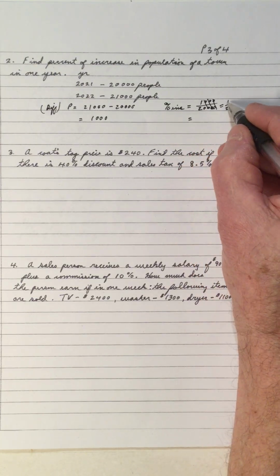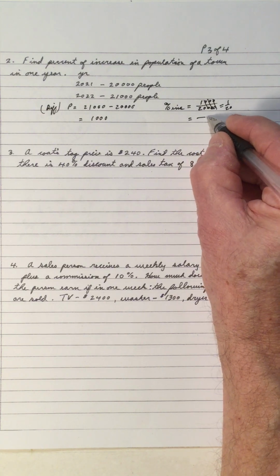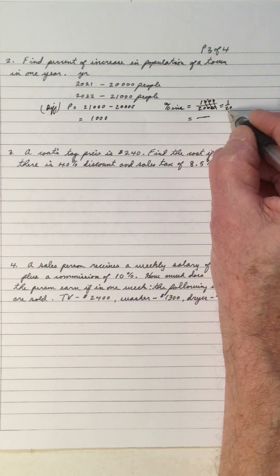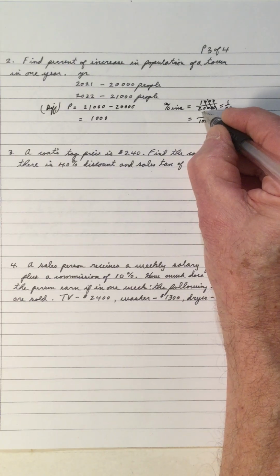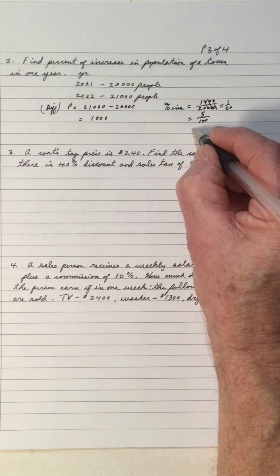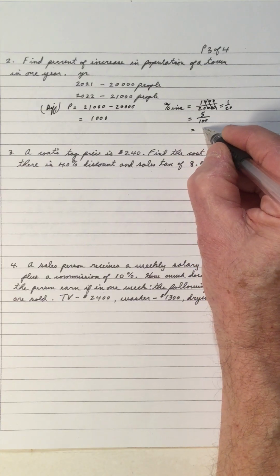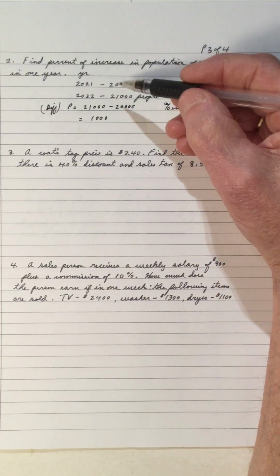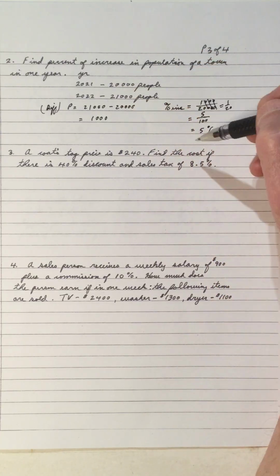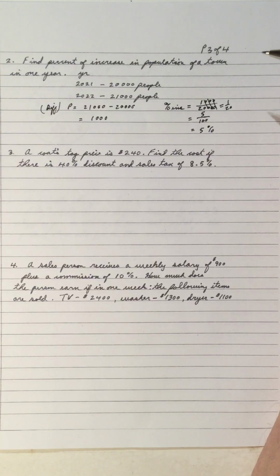There are 2 ways to do it. 20 multiplied by 5 gives you 100, and multiplying 1 by 5 gives you 5. So that's 5 over 100, which is a 5% increase. And again, 5% of 20,000 will give you 1,000.